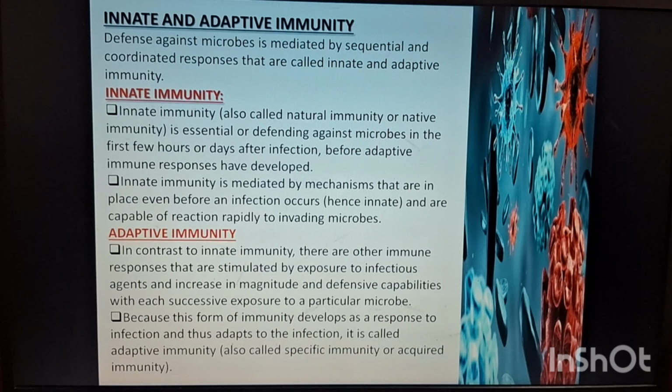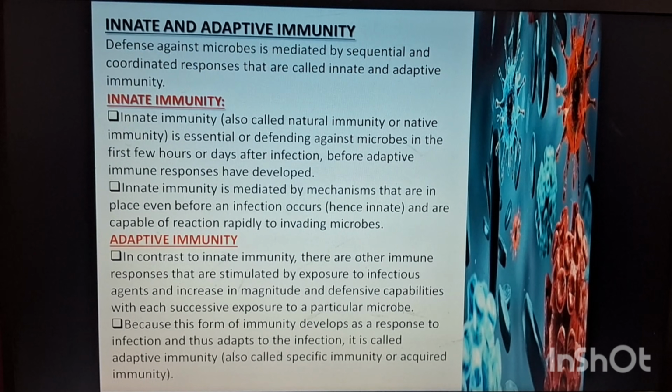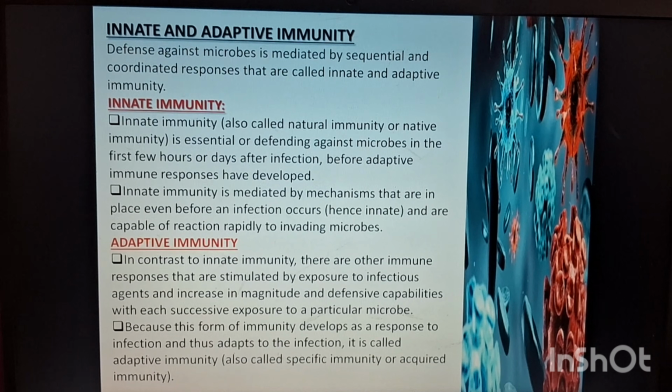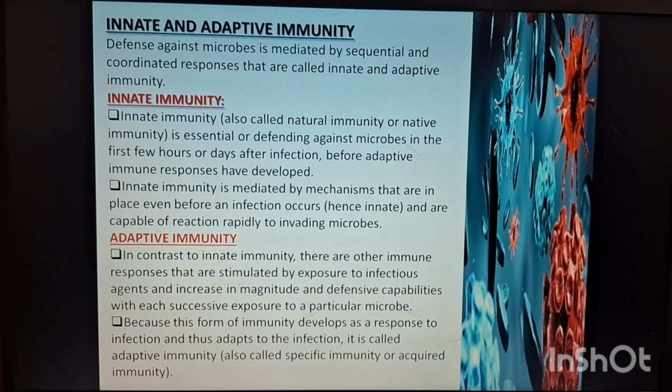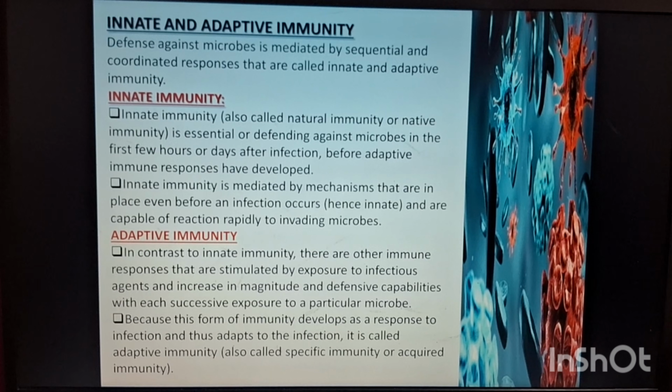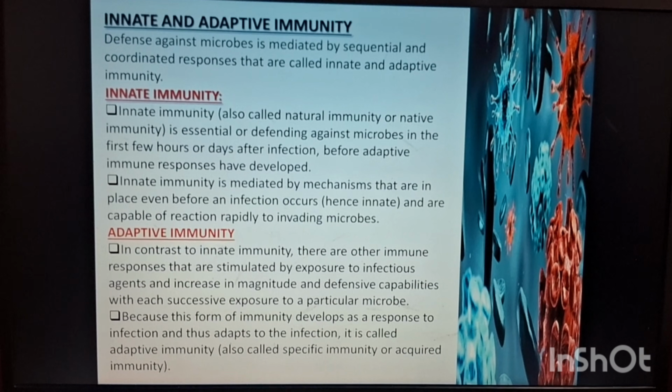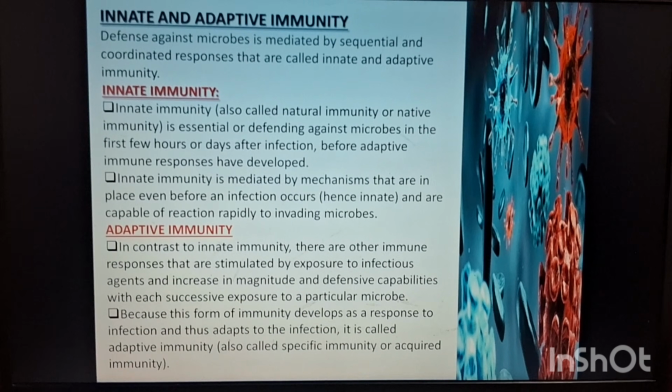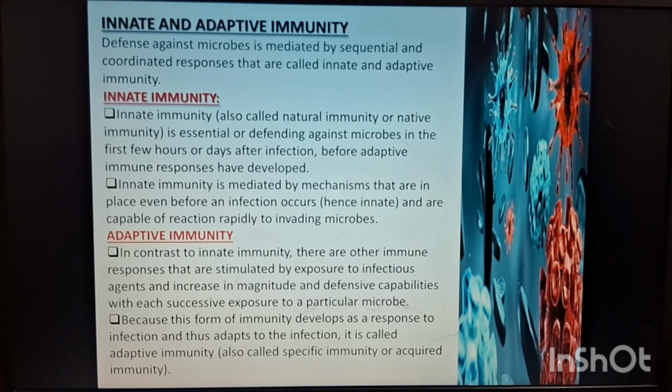Types of immunity. Immunity is of two types, innate immunity and adaptive immunity. Defense against microbes is mediated by sequential and coordinated responses called innate and adaptive immunity. Next, innate immunity.